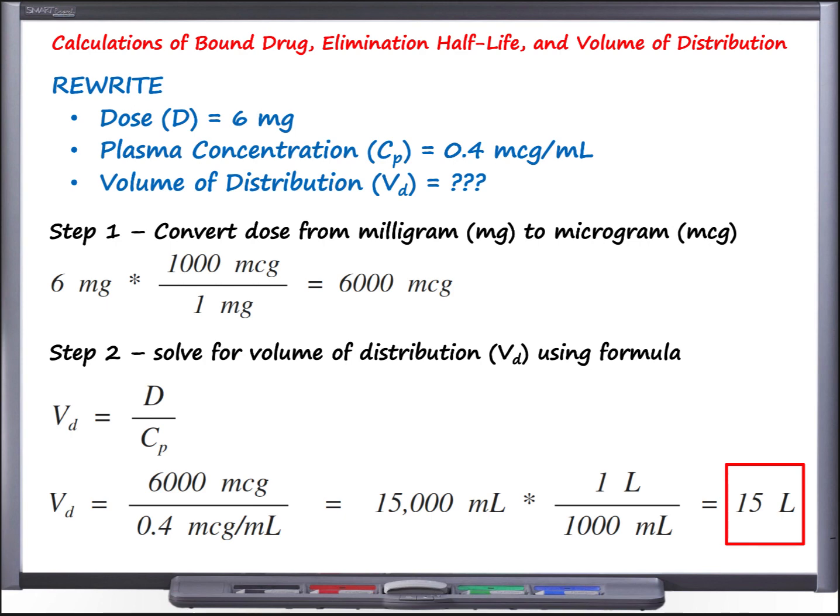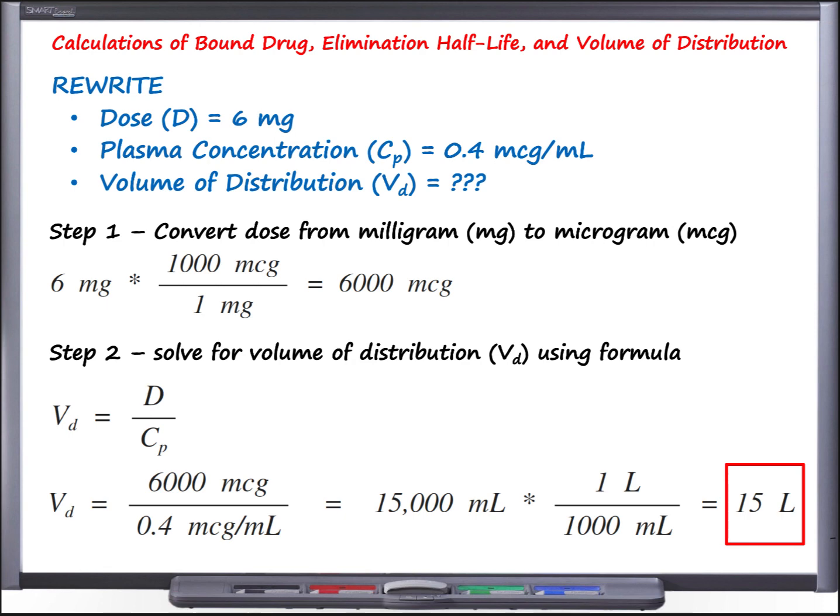Why that is important is that in that patient, for that drug, whatever dose we give, we would always get that volume of distribution. Now, a different drug in that same person would have a different volume of distribution, but that drug in that patient, regardless of the dose, always has the same volume of distribution, which is very useful because, knowing that, we can tailor different doses to get to specific plasma concentrations that we may want.